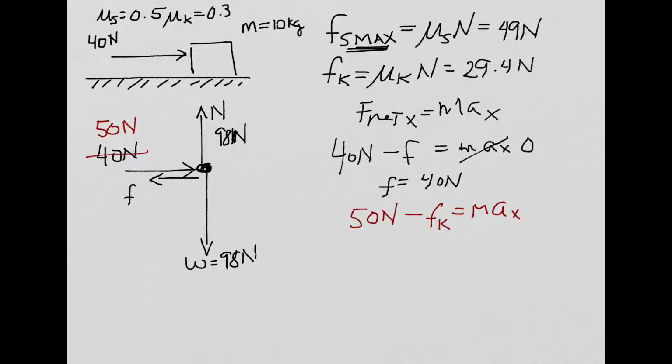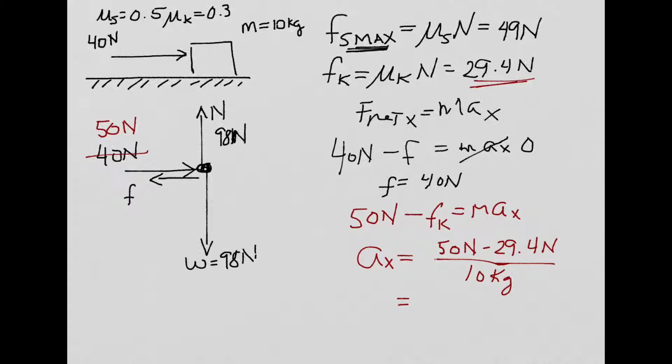So in this case, a x equals 50 newtons minus 29.4 divided by 10 kilograms. So that's 2.06 meters per second squared.